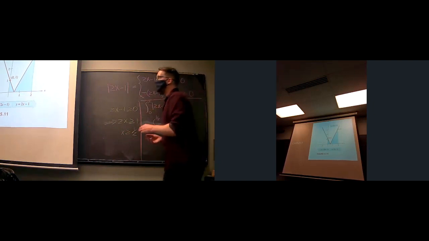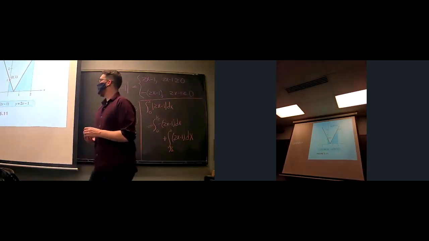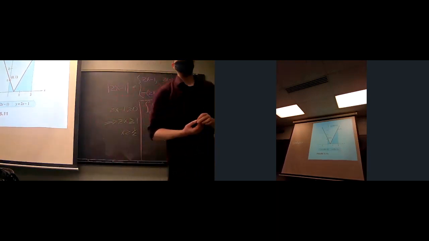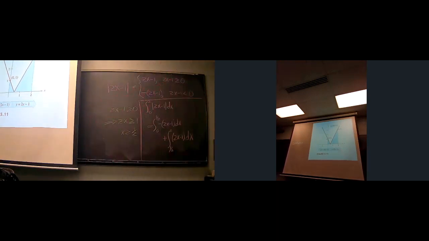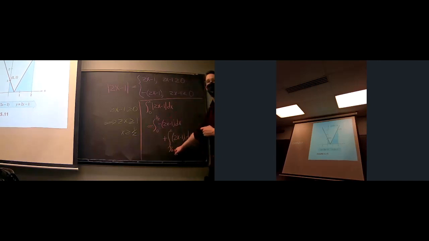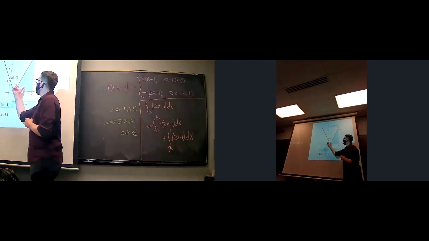On the left-hand side, it looks like negative 2x minus 1. And on the right-hand side, it looks like 2x minus 1. Where does that jump happen? Well, that jump happens whenever x is equal to 1/2. So we have to break it up into these two parts. To say, all right, this first part looks like the negative slope part. This right part looks like the positive slope part.